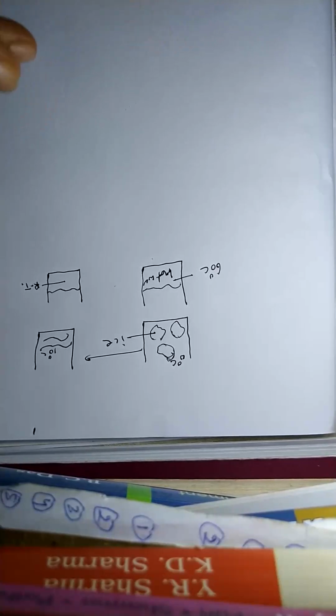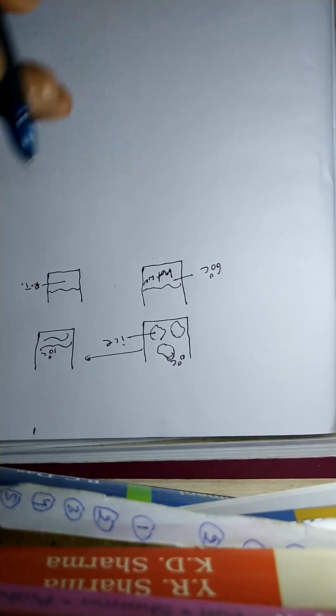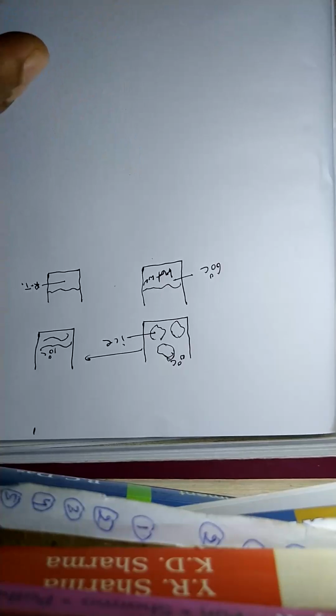So there are two types of thermodynamics. One is the classical thermodynamics, another is the statistical thermodynamics. Whatever we teach you is called classical thermodynamics. Classical thermodynamics is based upon the 4 laws, that means the zeroth law, first law, second law, and third law.